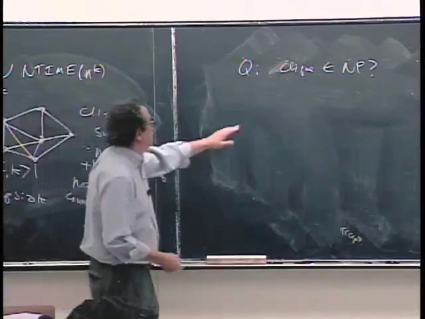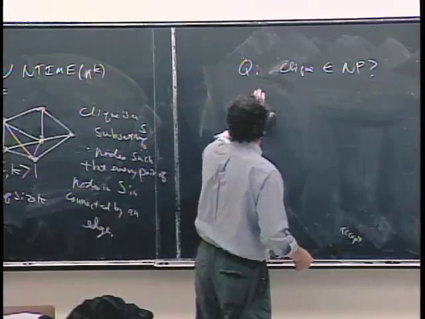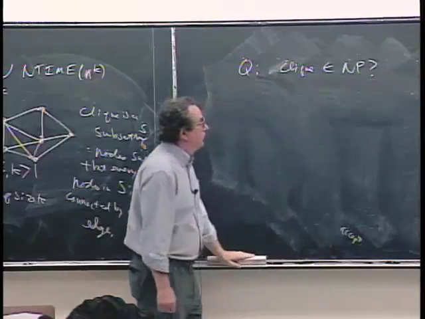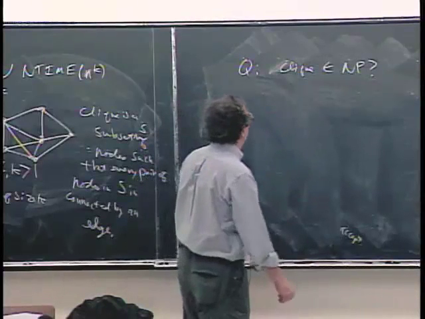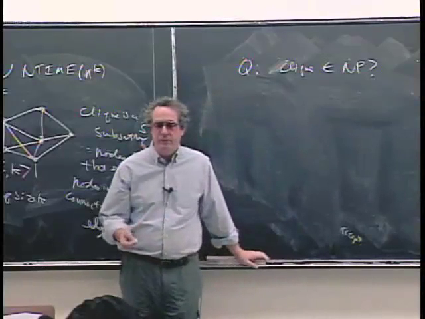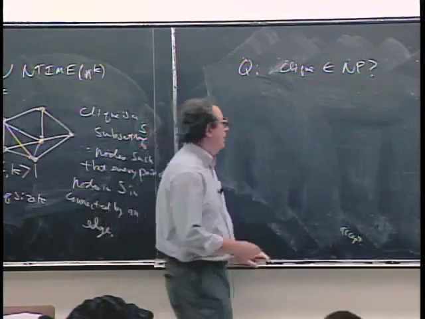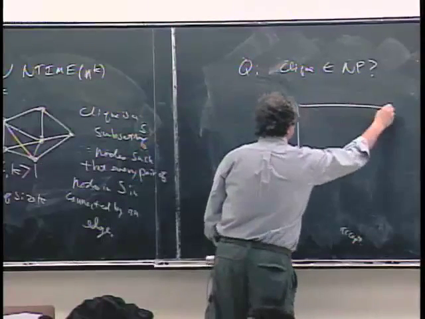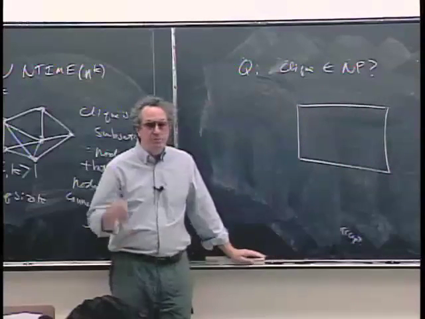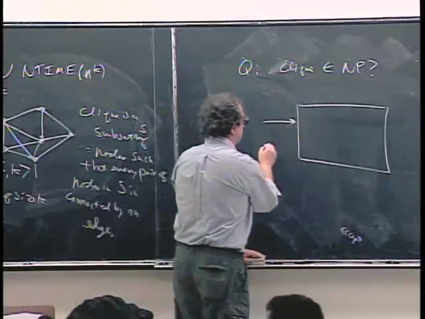So, do you have a non-deterministic polynomial time decider for clique, or the equivalent way, is there a polynomial time verifier? Now, I want to do the verifier way because I think that's the more mysterious, and hopefully this particular specific example will help make concrete what this hint is.